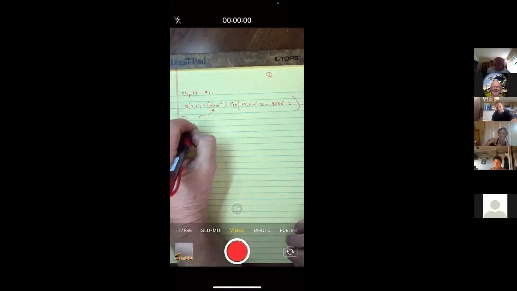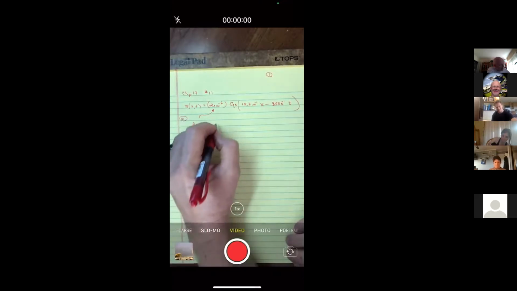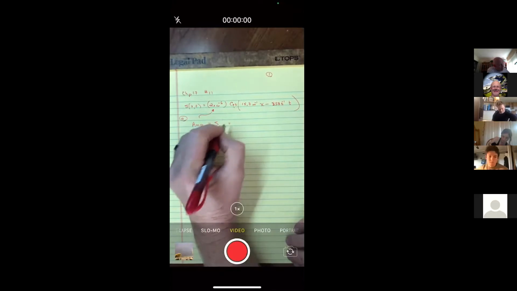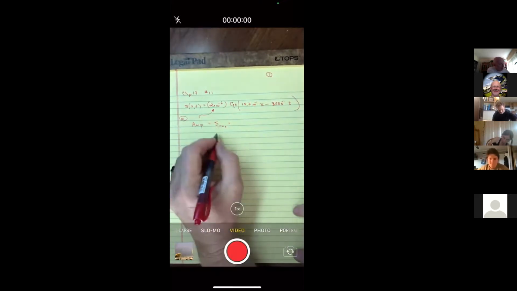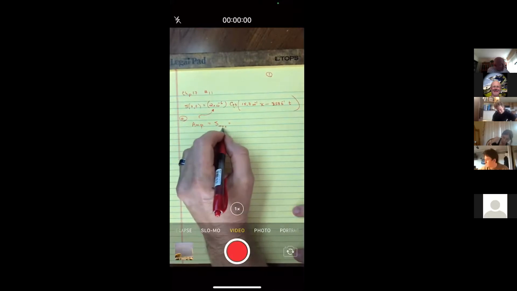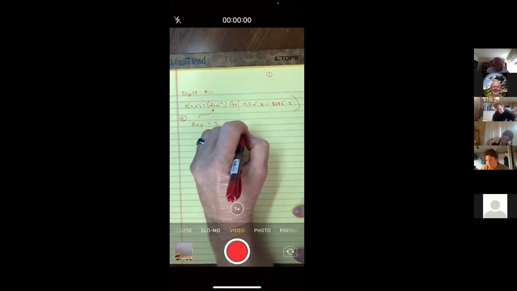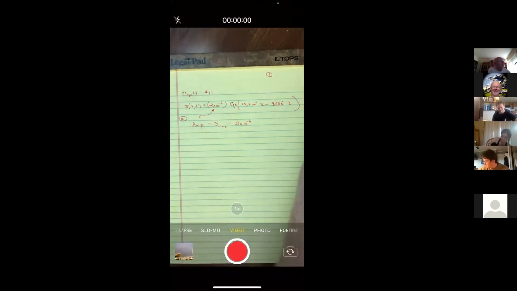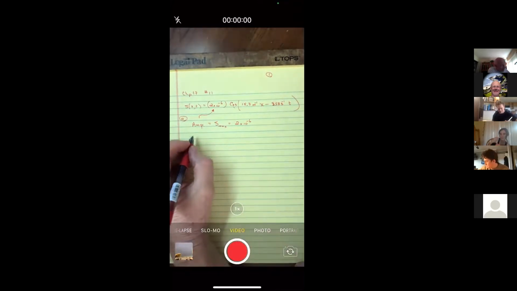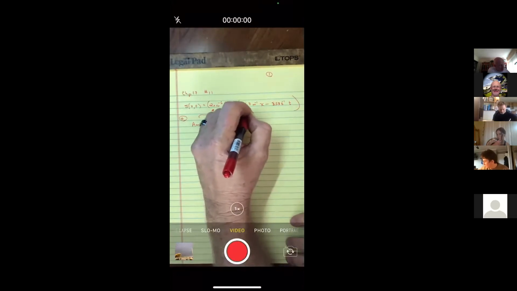So amplitude, and in this chapter, we use S max so that we don't confuse it with area. So the amplitude, S max, would be the 2 times 10 to the minus 6. So that's an easy one. It's just standing out.